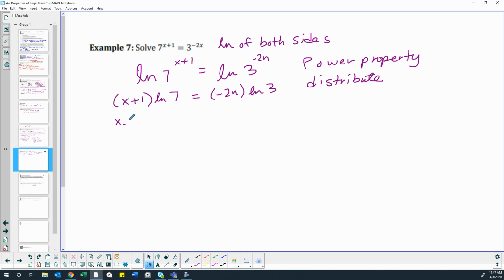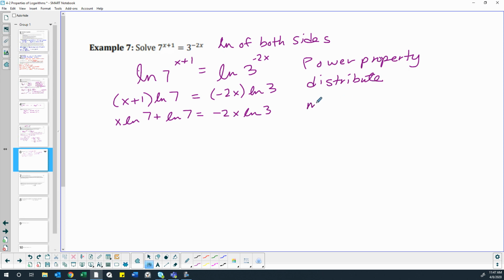So we'll have x natural log 7 plus 1 times natural log 7, equals negative 2 times x times natural log 3. Now that shouldn't have been an n from the very get-go. You can see that I wrote this wrong and I don't know why. So let's go in and fix that because it's going to be important that our x's match. So we need to put them together.